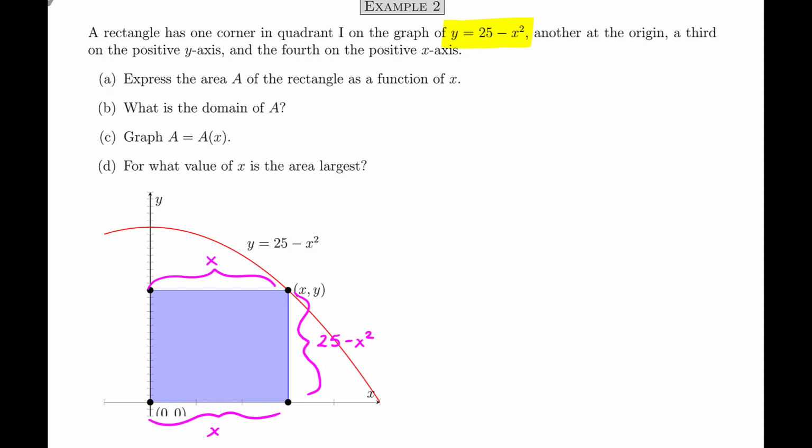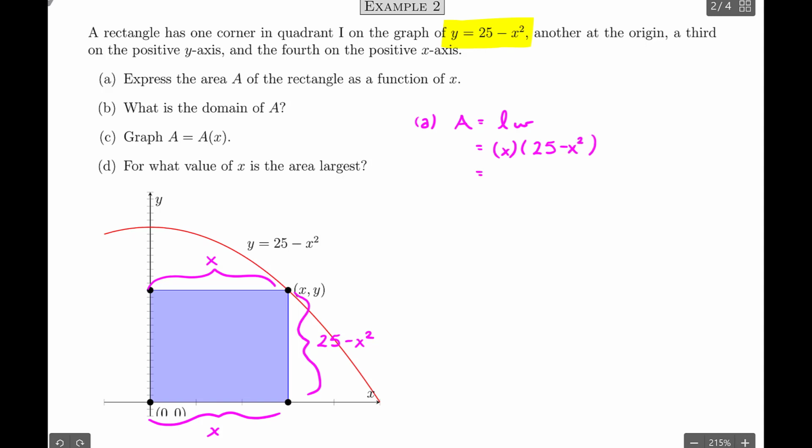So we've labeled this rectangle for part A, asking us to express the area of the rectangle as a function of x. Well, we are very familiar with the area of a rectangle. It's length times width. In this case, my length is x and my width is 25 minus x squared.